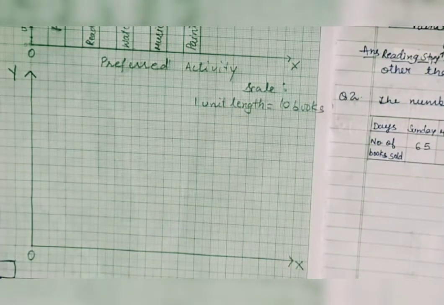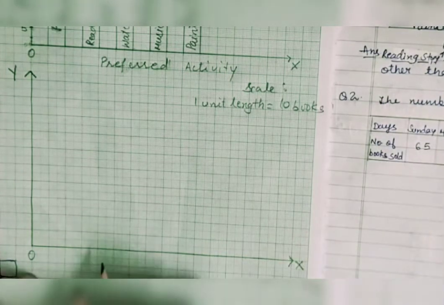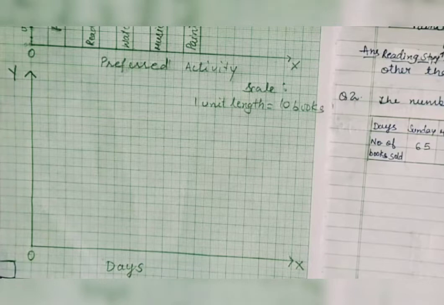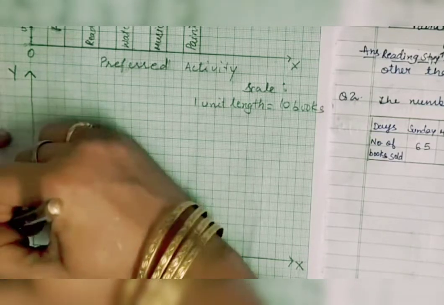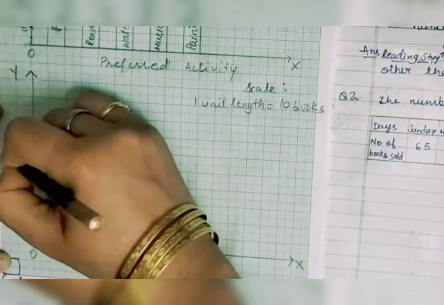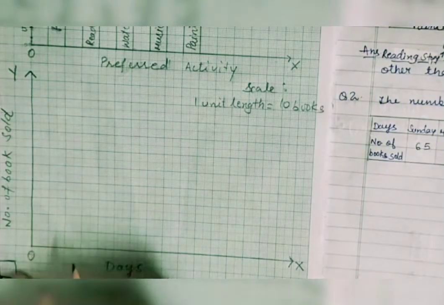Now time to write the captions here. So what captions can we write here? Because these are given days, if we draw the vertical bar graph, we are going to write the days here. Okay, and the numbers we represent on the vertical line. So these are the number of books sold. So I am writing here number of books sold. And now time to put the markings.